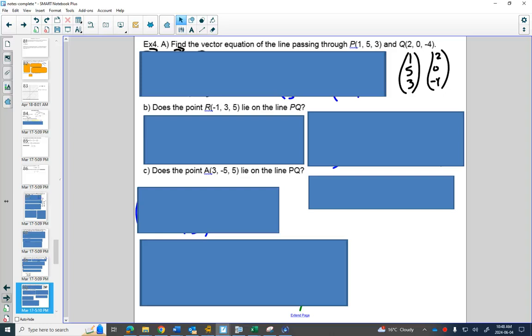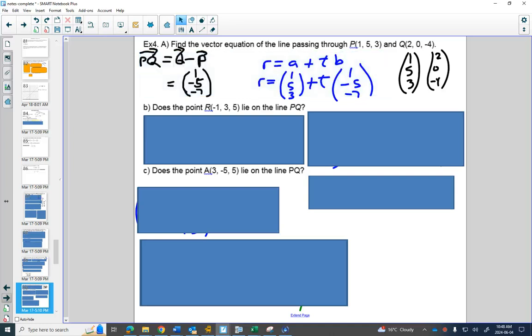What happens if I screw up on my formula and subtract the wrong ones? It actually doesn't matter. So if you did Q minus P, you'd have 2 minus 1, 0 minus 5, negative 4 minus 3. And you get 1, negative 5, negative 7. If you did it the other way, you'd get negative 1, positive 5, positive 7, which would be parallel, and fine. Add your vectors.